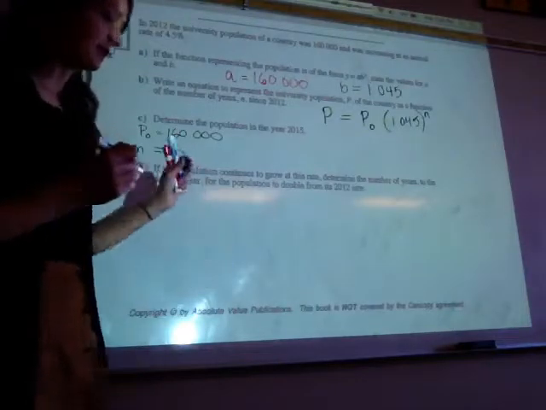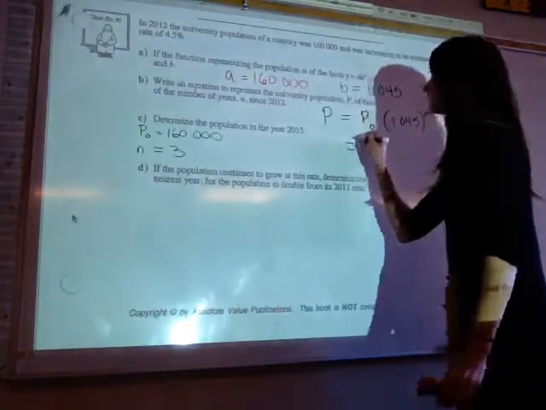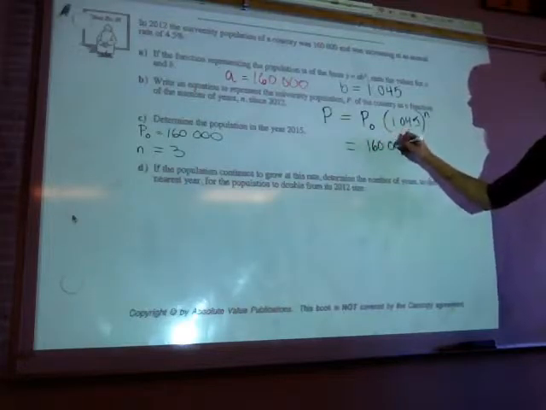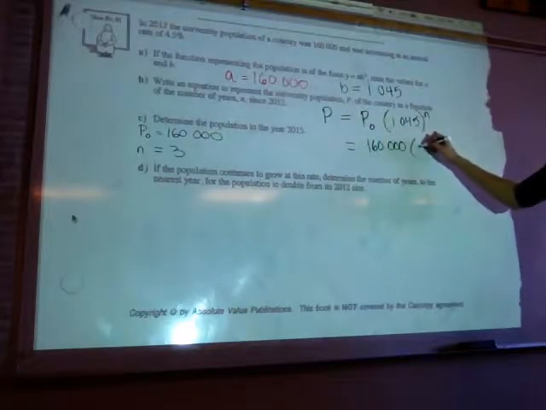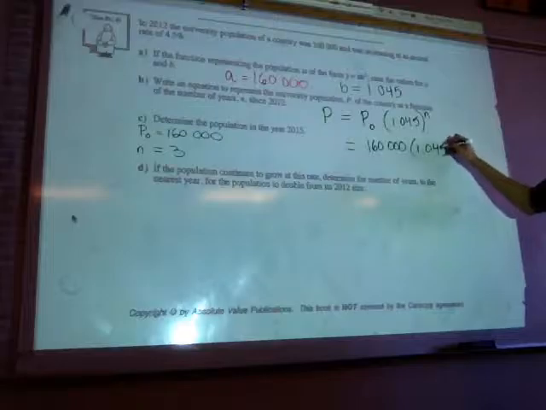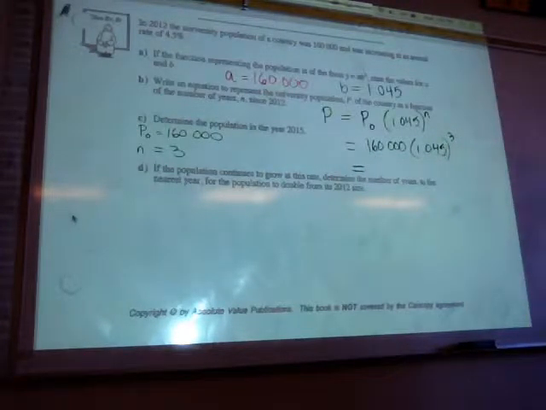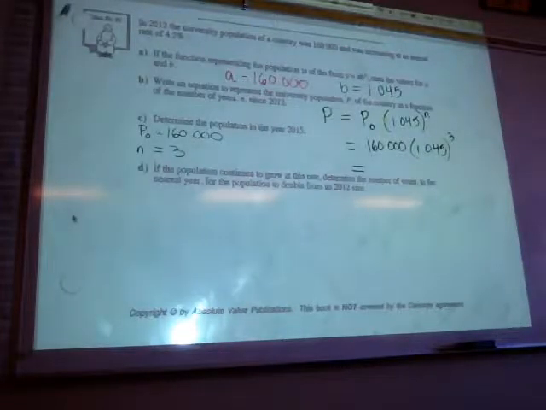Okay, so we can just plug into the equation and we'll figure out our population in 2015. So 160,000 multiplied by 1.045 to the power of 3. So help me out. What are you going to calculate?